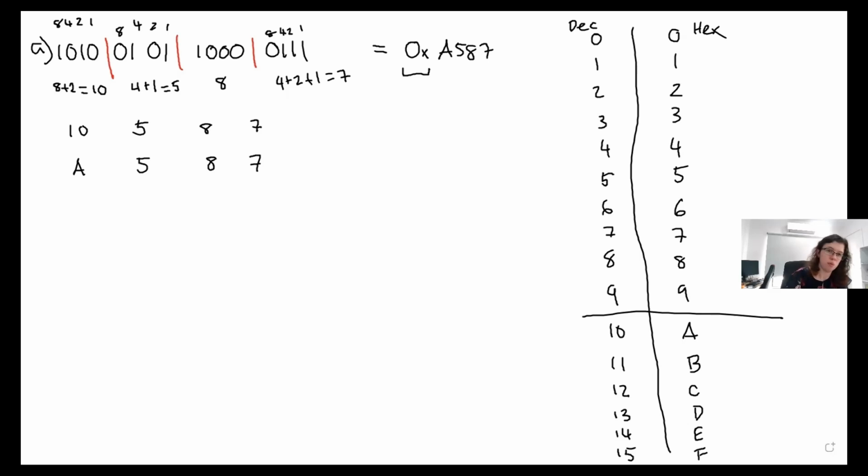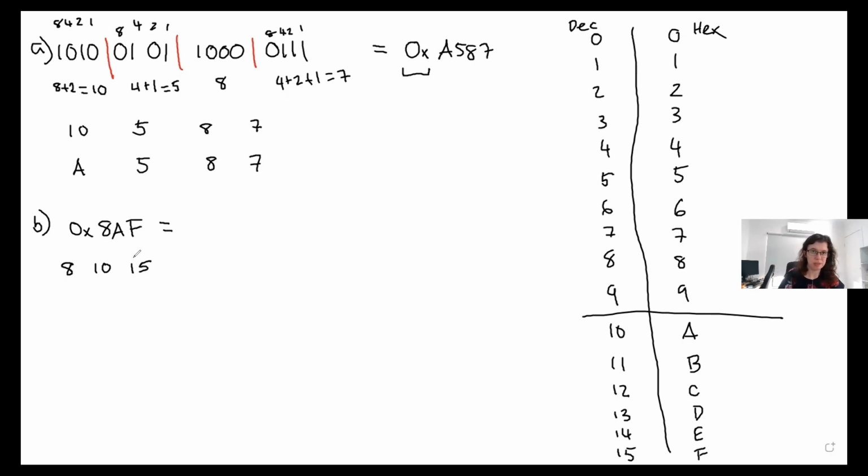To go back the other way, 0x8AF was the question. We just do the inverse. We can have a look at our table and convert this to some numbers first. So we've basically got 8, 10, 15 here.